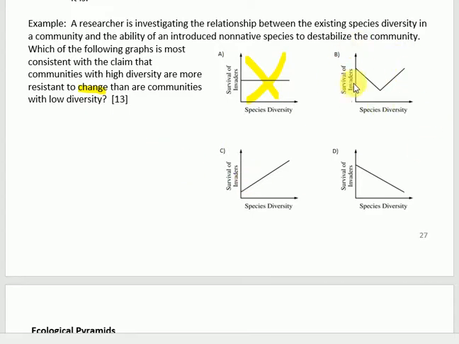So this one's kind of an oddball, so let's take a look at these two first. So we can tell, looking here, that we've got survival of invaders and species diversity. So we can tell here that this is low, this is high, and this is high. But what it's asking us is communities with high diversity are more resistant to change.